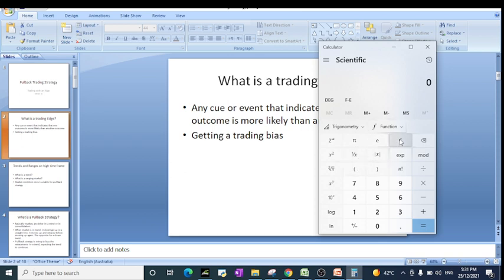So if 70% of the time you win, let's say $30, and when you lose, which is 30% of the time, you lose $70. In this situation, you don't really have an edge.